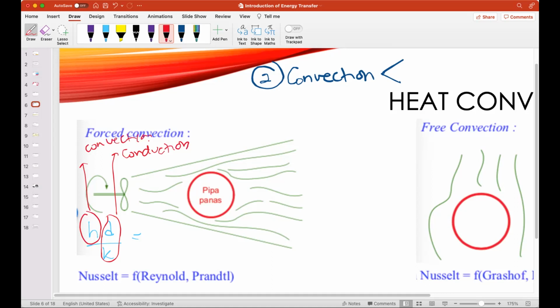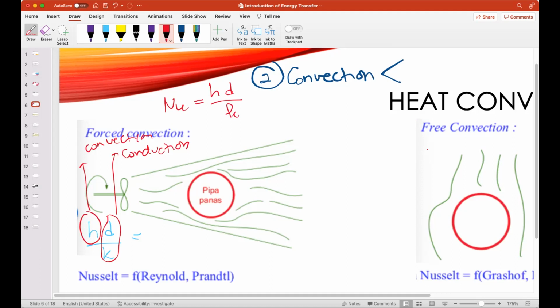So it is the Nusselt number. The Nusselt number is actually hd over k. It's a dimensionless number that compares the convection parameters to the conduction parameters: effective heat transfer divided by conduction heat transfer.